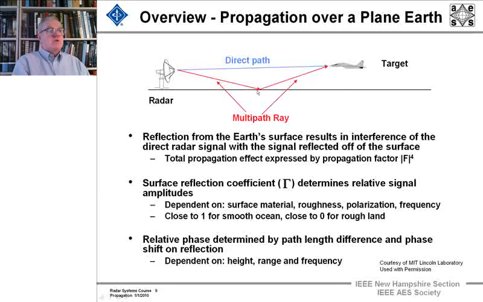It's very close to 1 for the ocean, and it's close to 0 for rough land. And there's going to be a phase shift that's determined by the path length difference between the direct and the multipath ray. And this will depend on height of the objects and the range to the objects, and also the frequency of the radiation.